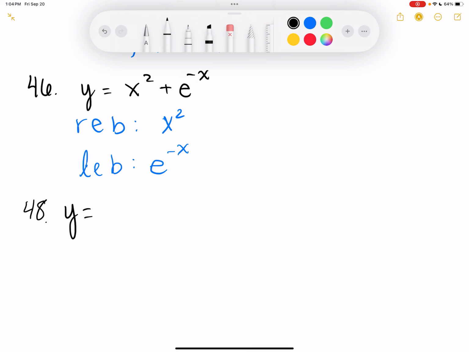48, y equals x squared plus sine of x. Oof.